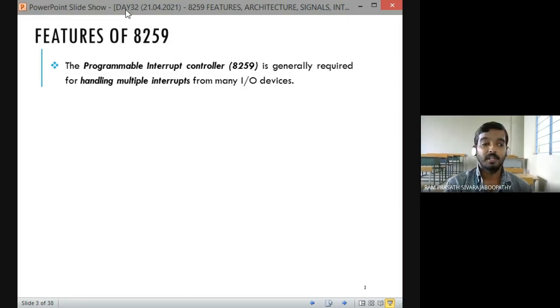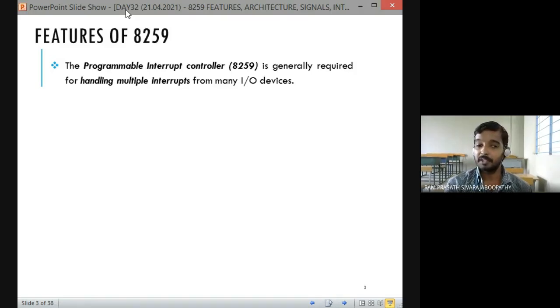8259 is generally used for handling multiple interrupts from many IO devices. So 8259 is going to be an interrupt handler. We said the 8085 and 8051 have an interrupt control unit. Similarly we have the IC 8259, which can handle many interrupts from the IO devices.